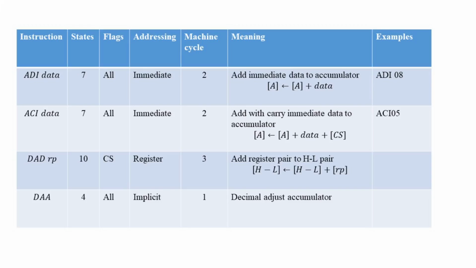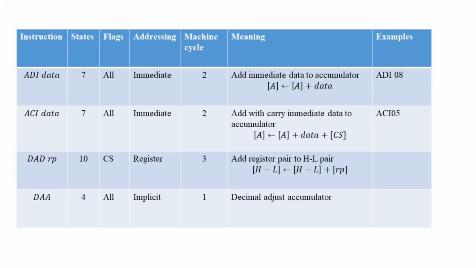Next is ACI data. ACI data is also immediate addressing. Here, add with carry immediate data to accumulator, which means that when we execute this line, we add the content of the accumulator with data and also with the carry flag, and store the result in the accumulator.